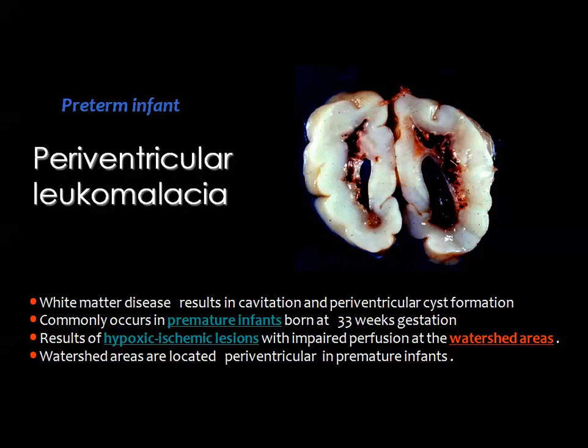And you remember that most of these lesions will occur in the periventricular area due to the development of the blood supply to the brain tissue in this particular age group. Then the periventricular leukomalacia means that there are ischemic changes in the white matter, and this will appear immediately related to the wall of the ventricle.